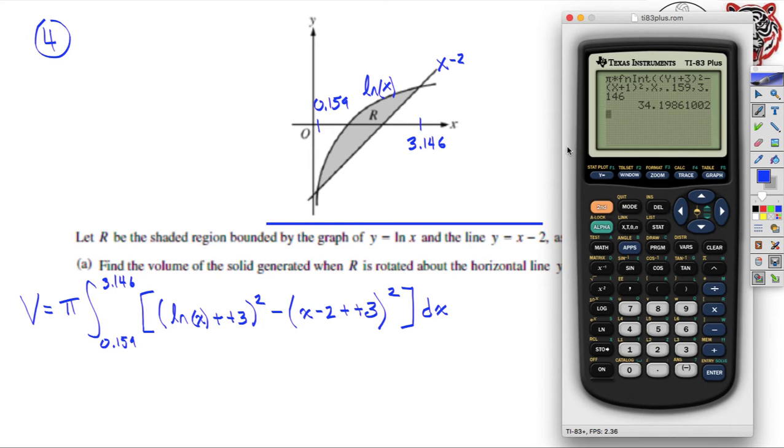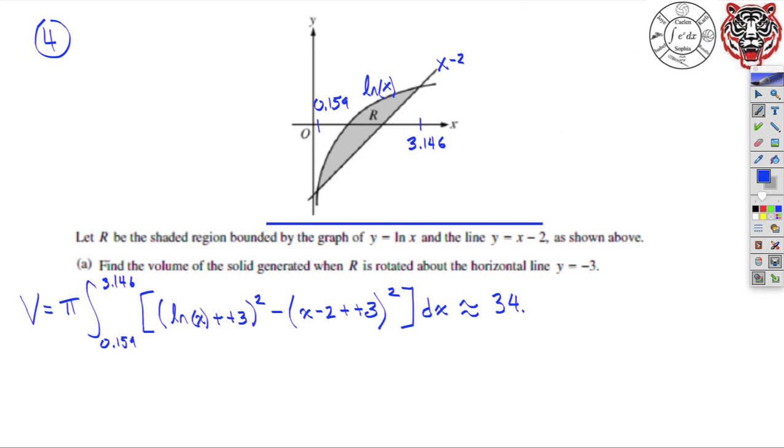But if I just put it in, if I enter my y2 and then I have a plus 3, it should give the same thing. So this is approximated by 34.199. And there's our answer. And let's not have units. Don't put units because that's just too much work and you're not going to get any extra points. So 34.199. Perfect. Questions on number 4?